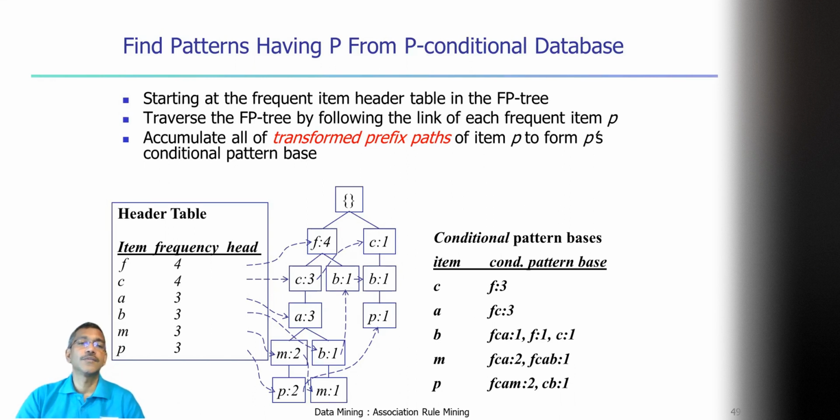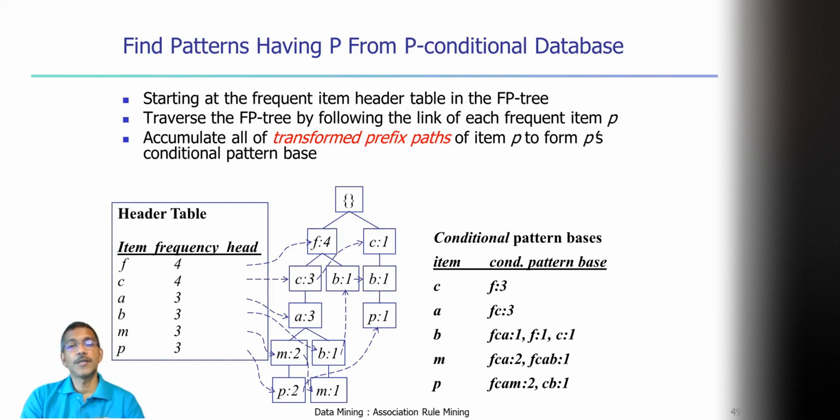You start at the frequent item header table, and then in the FP tree, traverse the FP tree by following the link of each frequent item, and we keep accumulating all the transformed prefix paths of the items into the patterns that we have. So that's what we try to do.